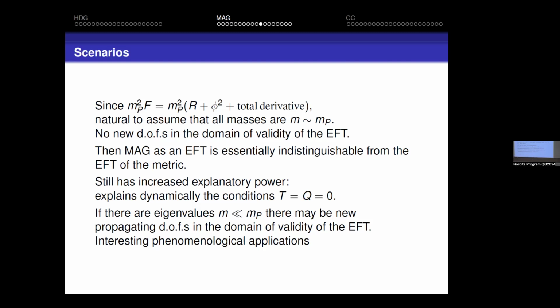On the other hand, if the mass matrix of this field phi, or mass matrix of the connection, has some eigenvalues that are smaller than the Planck mass, then there could be new propagating degrees of freedom in the domain of validity of this effective field theory. And then there could be very interesting phenomenological applications, and there are people working on these type of topics.